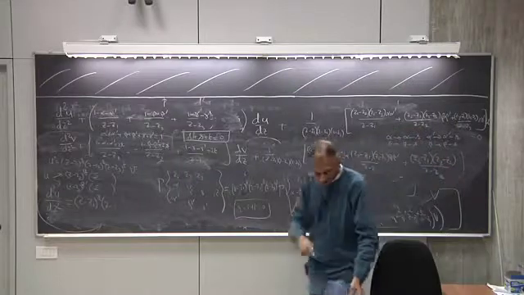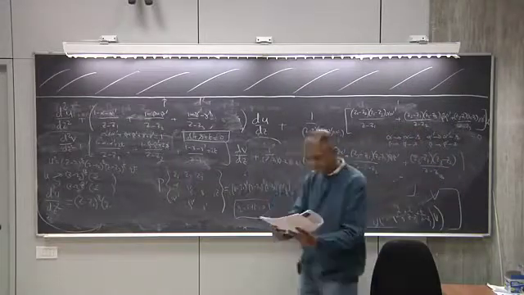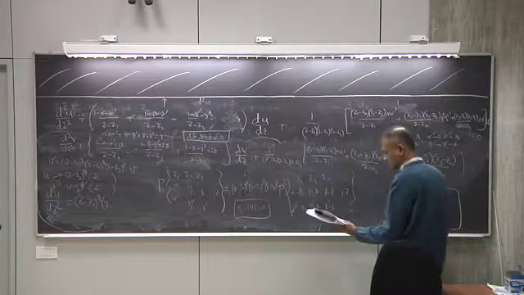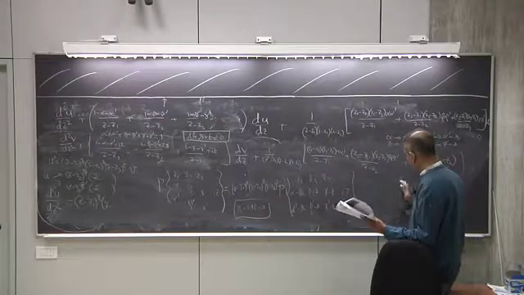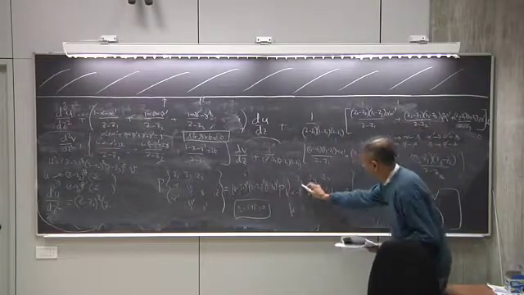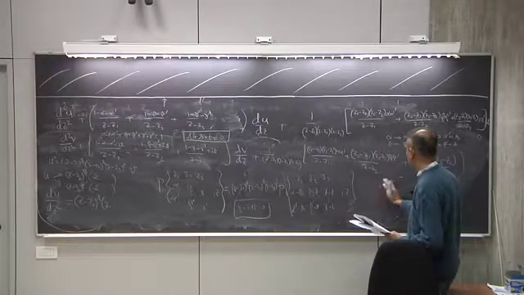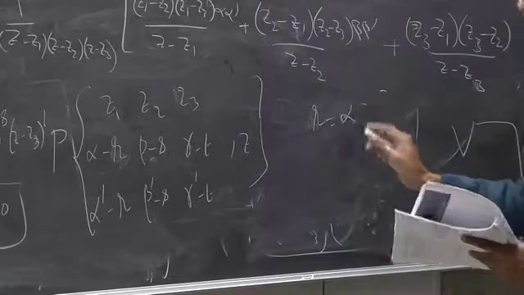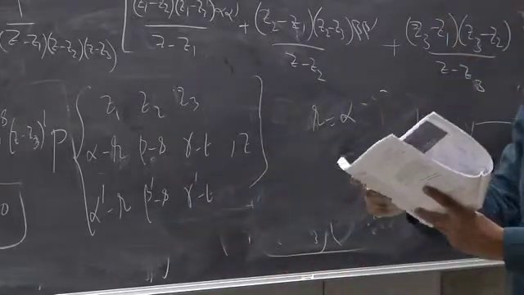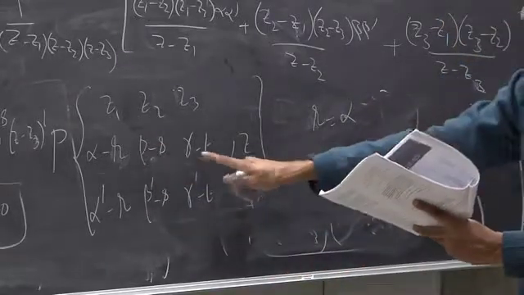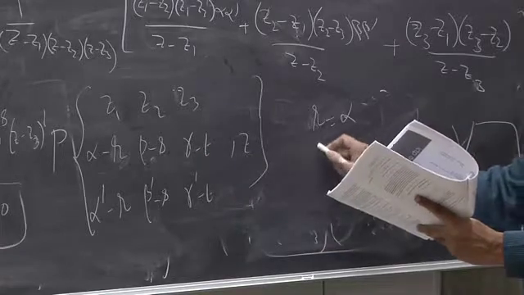The convenient choice, the standard choice for this, is you choose this one equal to 0. So I choose r equal to alpha, so this vanishes, and you choose also gamma equal to t, so t equal to gamma.